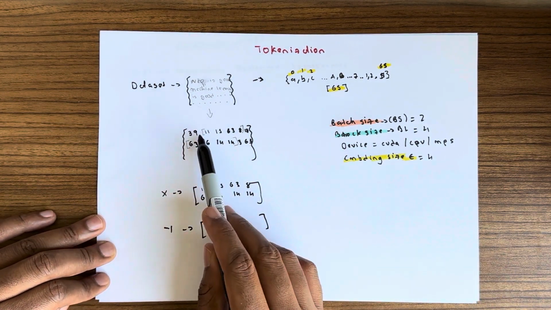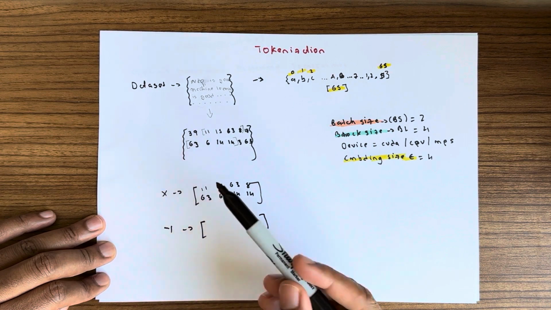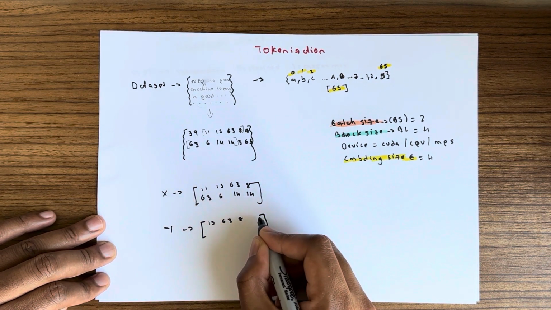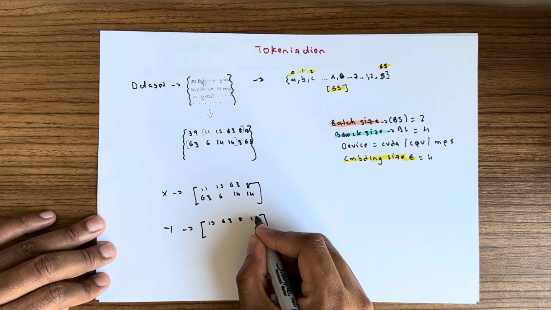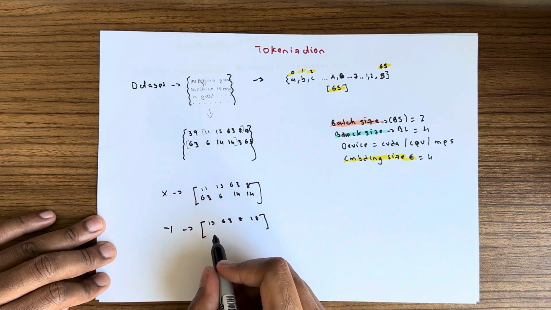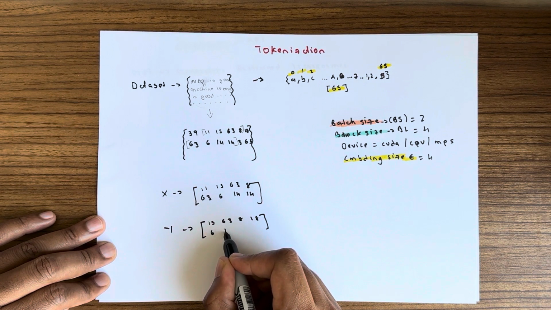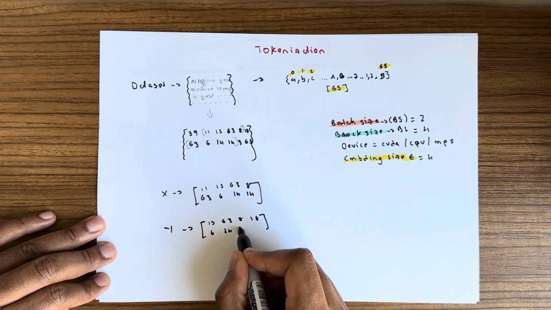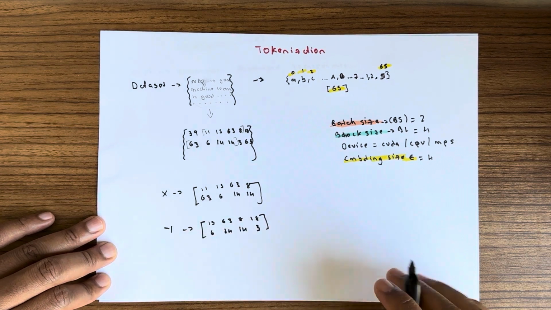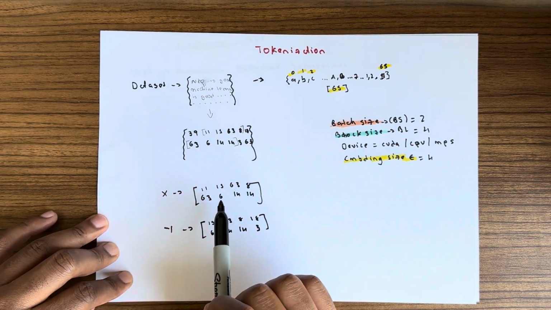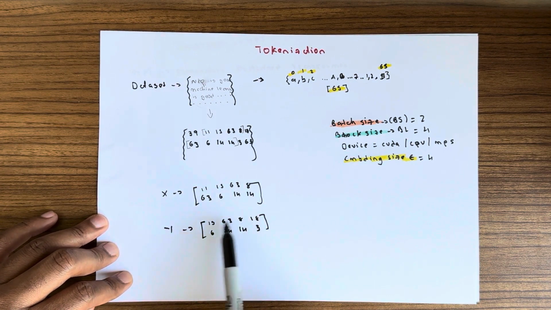So instead of 11, we'll start at 15. So 15, 63, 63, 8, 18. The second one is 6, 14, 14, and 30. So this is X. This is the input to the model, and we will be trying to predict this Y.